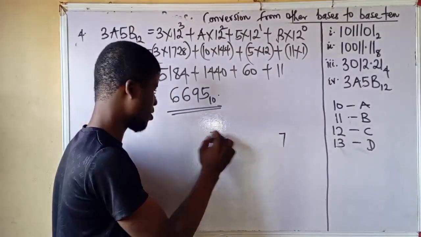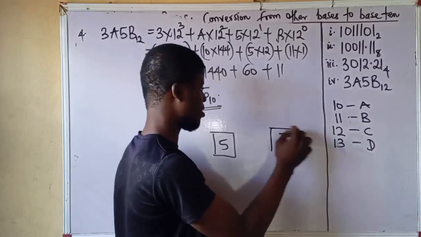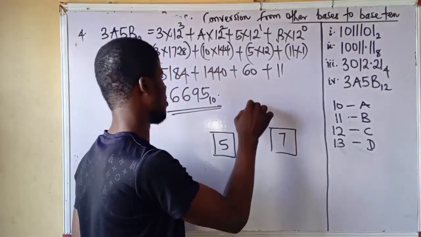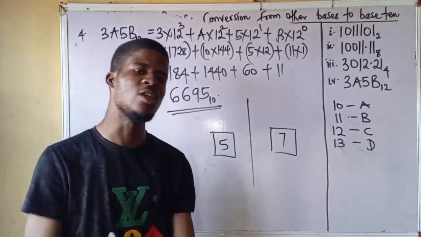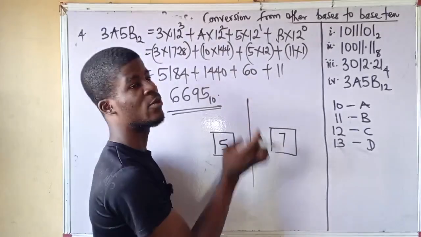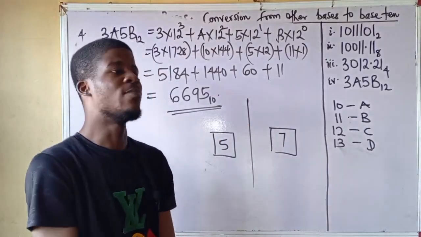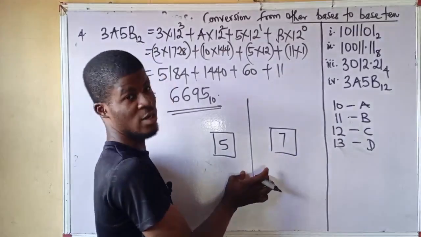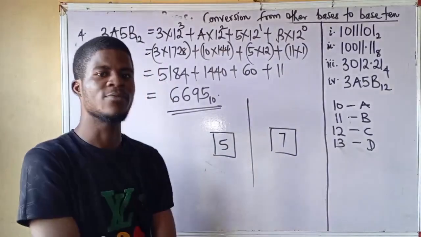This is in base 5, for example, and this is in base 7. I want to go from base 5 to base 7. I will first of all go to base 10. Base 10 is the standard. It's like a central base, okay? So I'll take this 5 to 10. Then from 10, I will go to 7. So if I'm doing reverse, if I'm going from 7 to 5, I'll also go from 7 to 10 and from 10 to base 5.